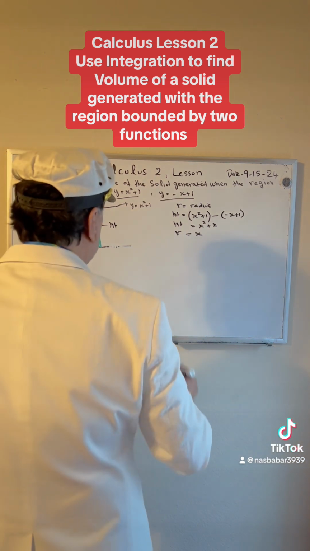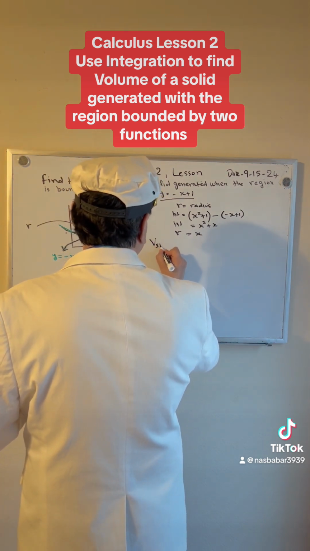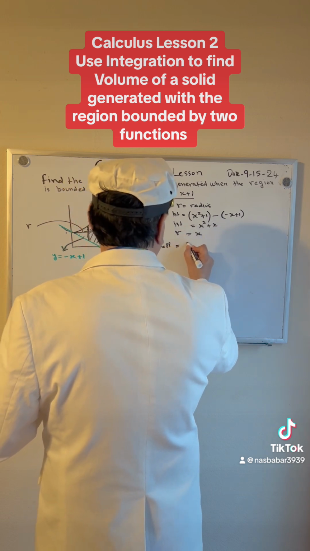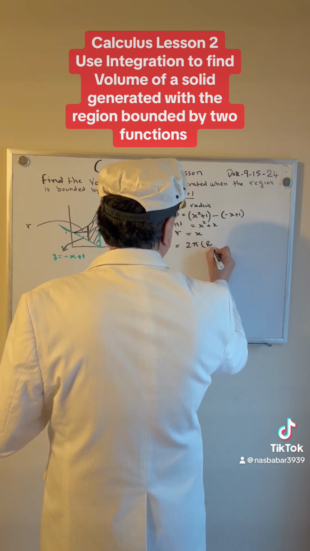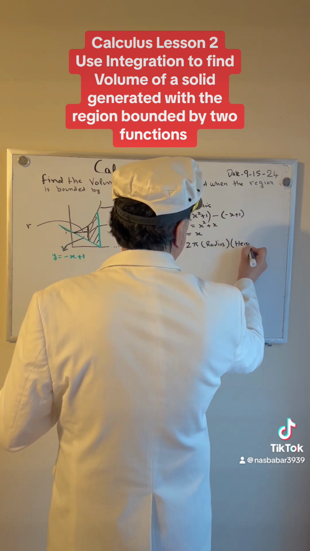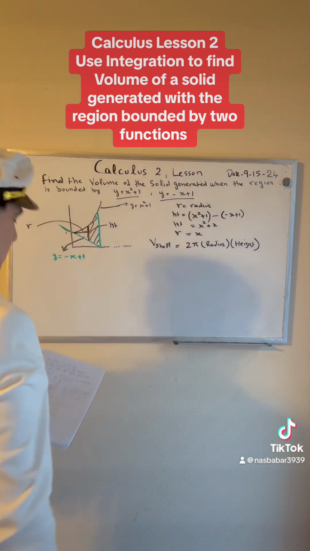Then we go ahead and apply the integration. We say V shell is equal to 2 pi times radius multiplied by height. Okay, that's how you find the volume of the shell, which is right here.